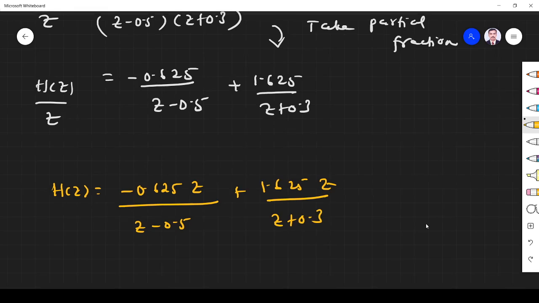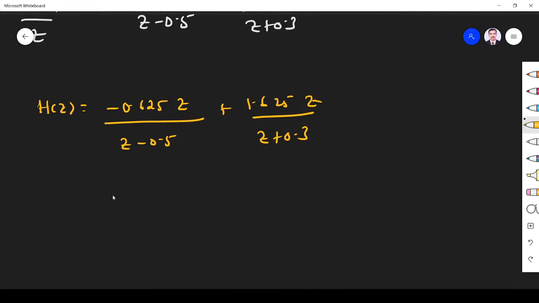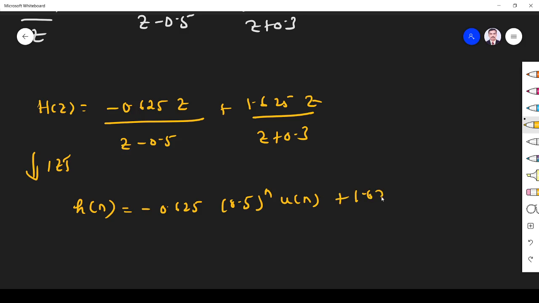Now what is our h of n? You can directly take the inverse z transform of H of z, which equals h of n. That is minus 0.625 times 0.5 power n u of n plus 1.625 times minus 0.3 power n u of n.